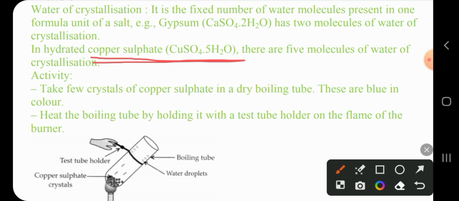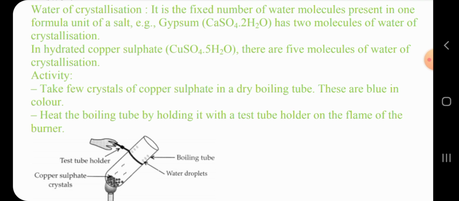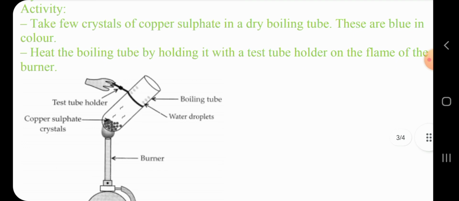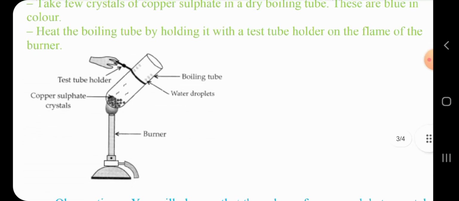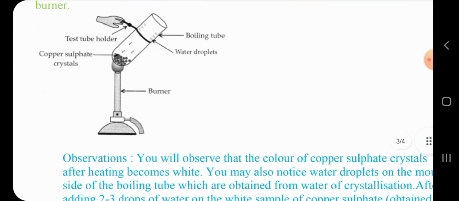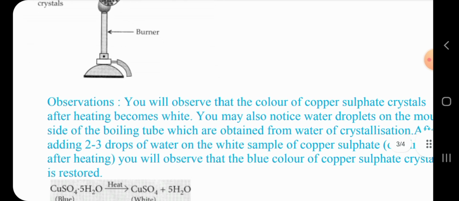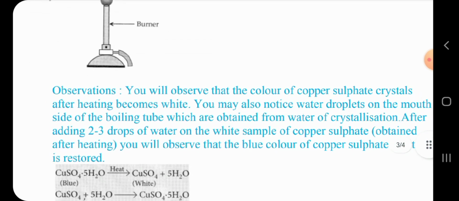When we heat this blue vitriol, it changes to white in color, because the water of crystallization evaporates and it becomes anhydrous salt. That's why the blue copper sulfate lost its color and changed into white.